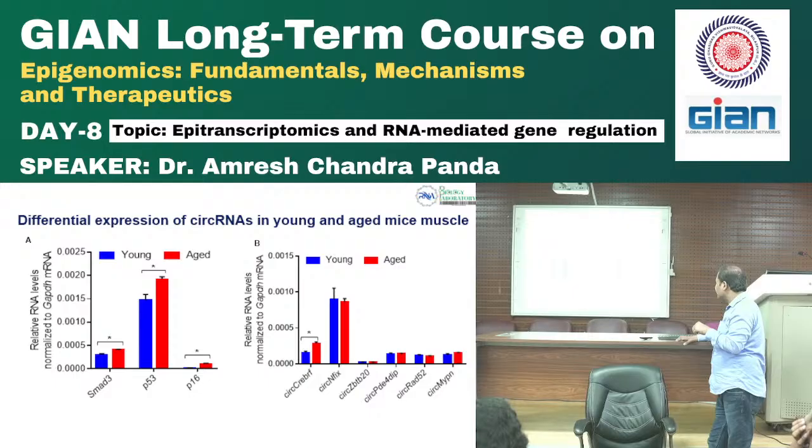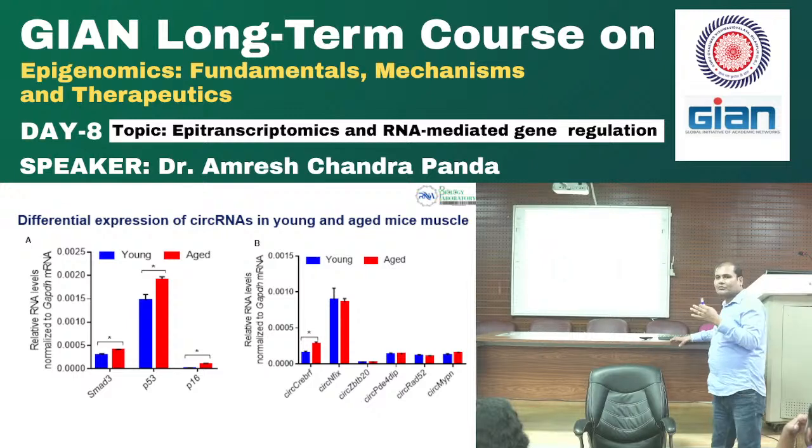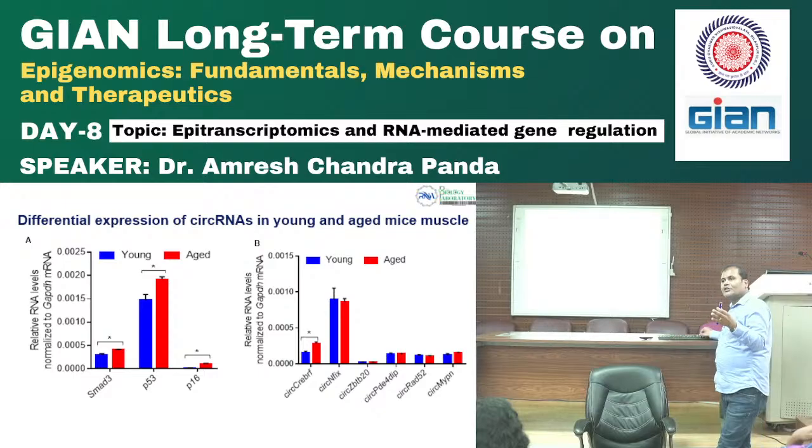One of them changed significantly, but one of them you see here, NFIX, was very highly abundant in young to old muscle. Then if something is very abundant in the muscle, we looked at whether this circular RNA is conserved or not. First thing, if something is expressed in mice, we need to see if it is relevant for the human, right?